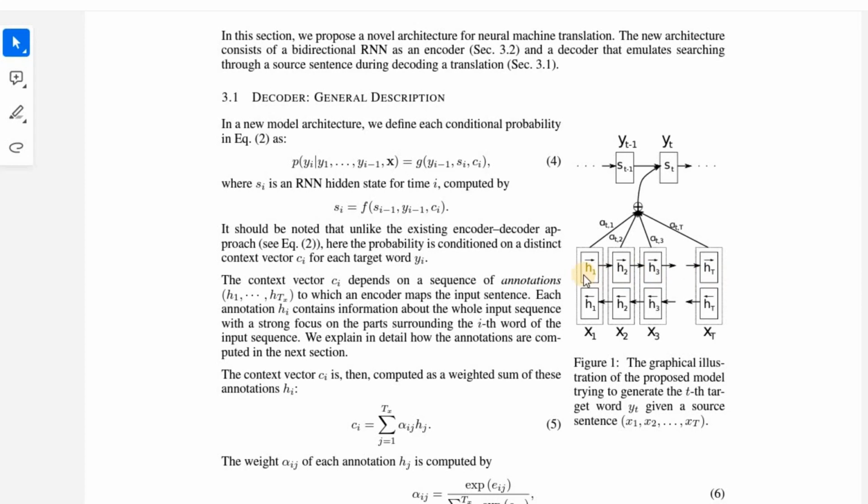So we were having the H1, H2, H3. These are the hidden states we were having. If I focus on the diagram on the right side, we were able to calculate these weightages, which are actually percentages as to how much weight must be put on a particular hidden state as compared to others. We were able to calibrate everything in the form of one unified vector, which went into the prediction.